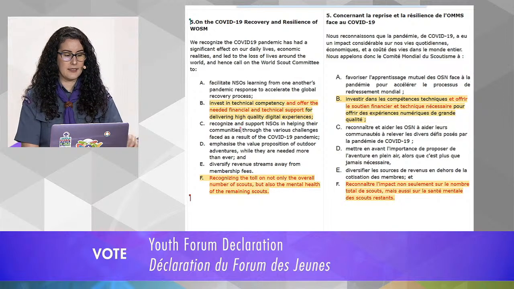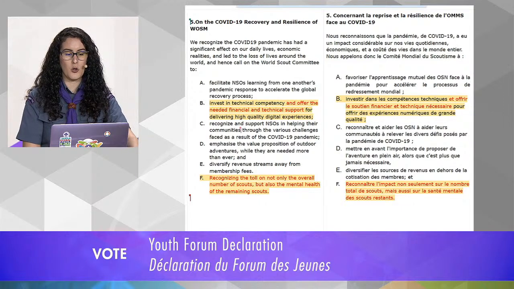After we take this paragraph number 5 on COVID-19 recovery and resilience of WASM and its corresponding amendments, we'll be taking a break. I know you love the Youth Forum dance, so we'll be taking a break so that you can move your legs and stretch a bit. So don't worry, this is going to be the last one for this section, and we'll be back.